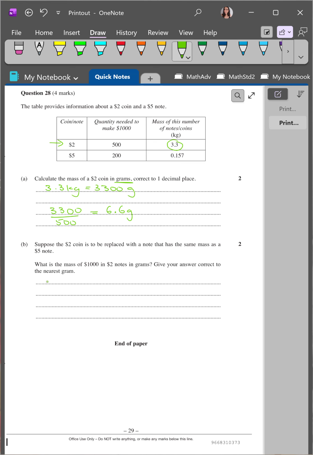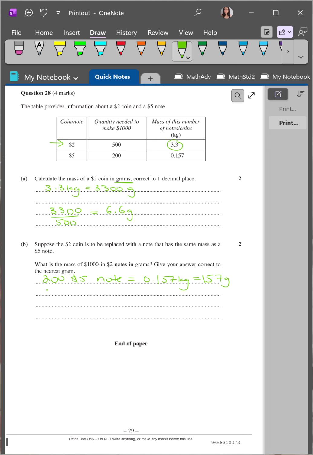So for 200 $5 notes equals 0.157 kilograms. And if we convert that to grams, that's 157 grams.